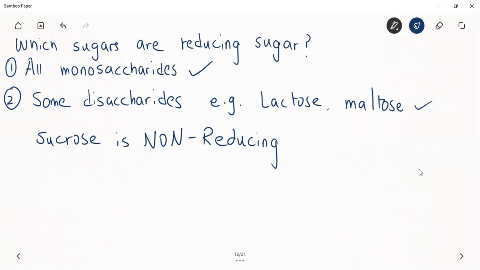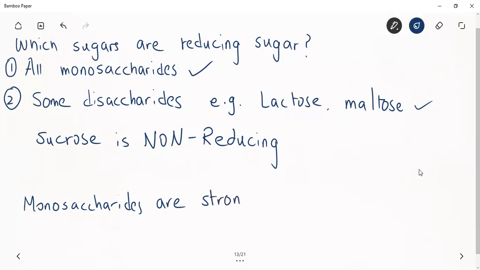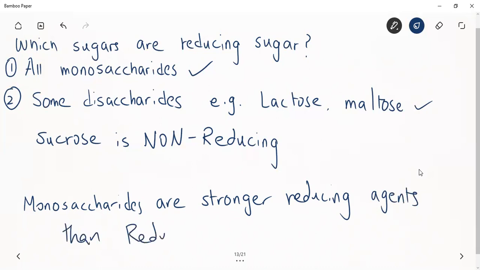Now between the monosaccharides and disaccharides which are reducing, we have to know which one is a stronger reducing agent. You have to remember this always: monosaccharides are more powerful, stronger reducing agents than reducing disaccharides.